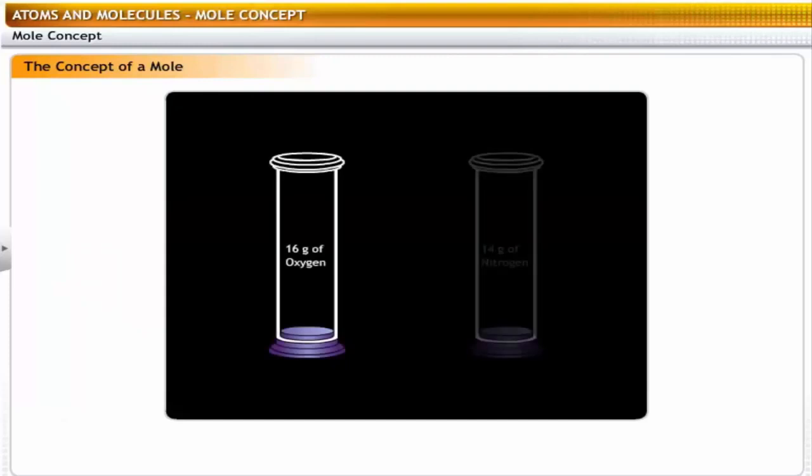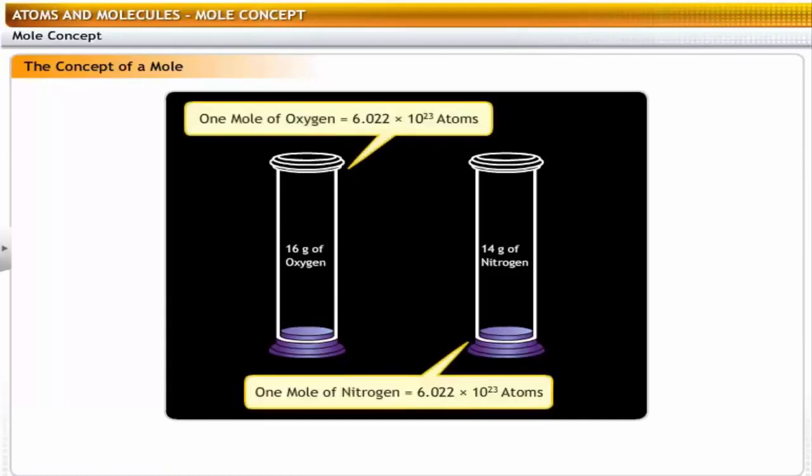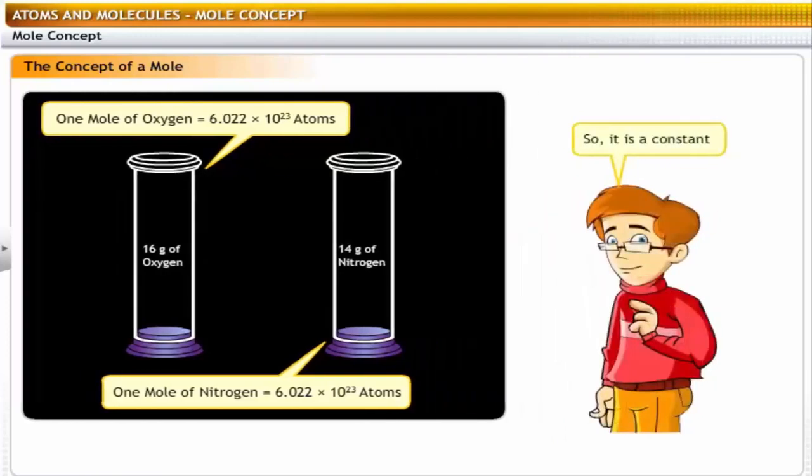Similarly, 16 grams of oxygen and 14 grams of nitrogen, which is also equal to 1 mole, contains 6.022 multiplied by 10 to the power of 23 number of atoms. So, it is a constant.